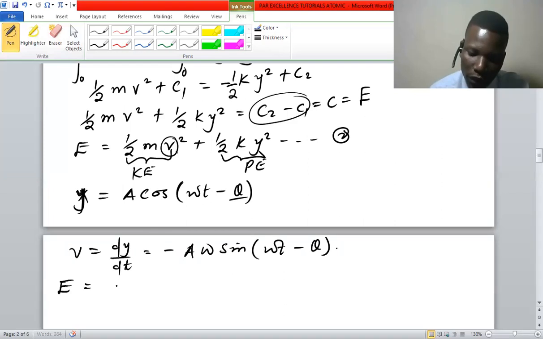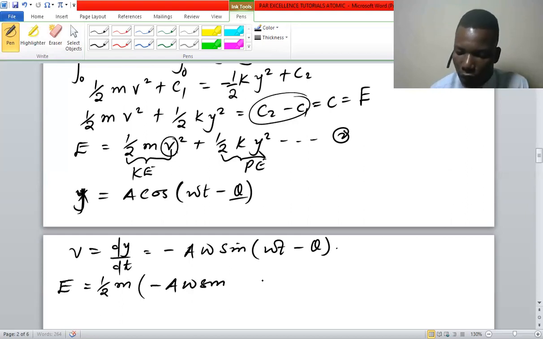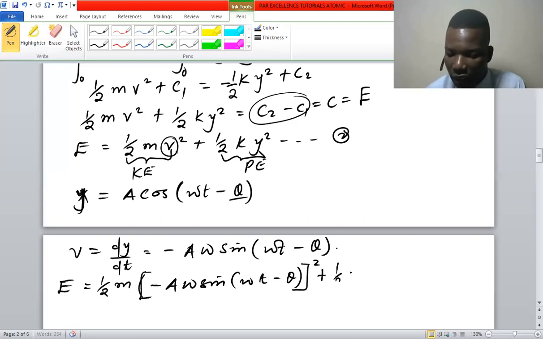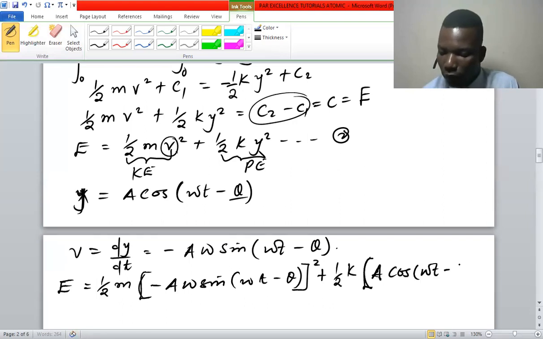We're going to have half m, and then v squared, which is negative a omega sine, all squared, plus half k, and y is a cos, also squared, like that.